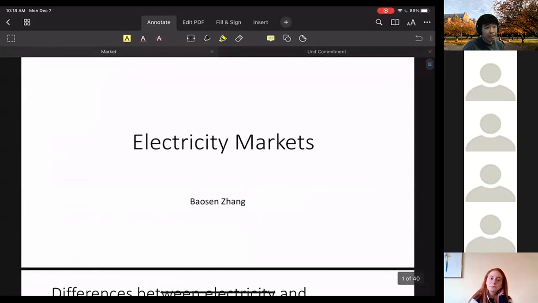Okay, so the last topic we'll cover in this class, we'll look at how markets work and how money exchange happens. We covered a lot about unit commitment and economic dispatch. Our viewpoint has always been that we have some central operator that just solves the whole problem.